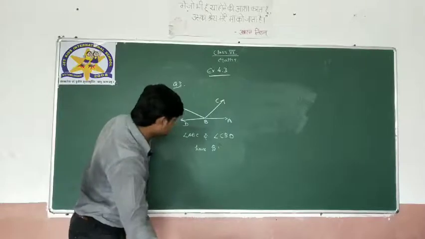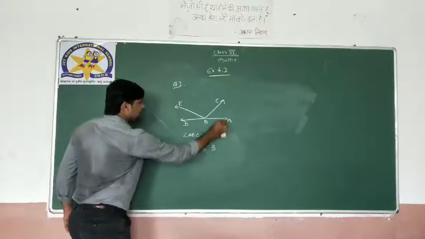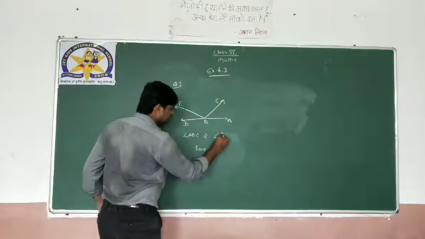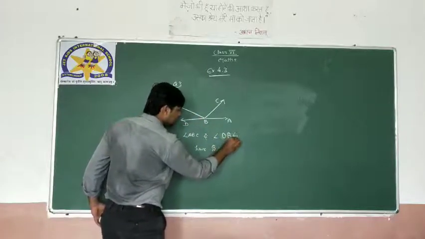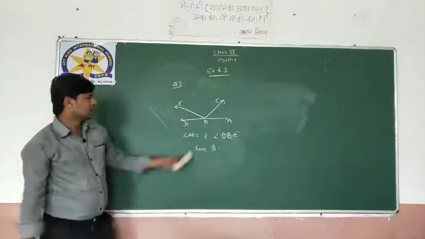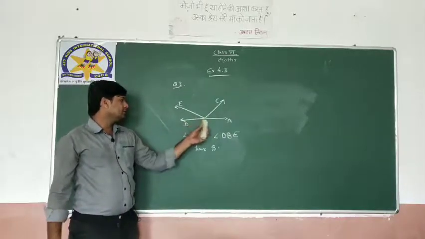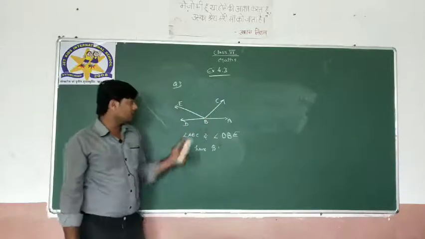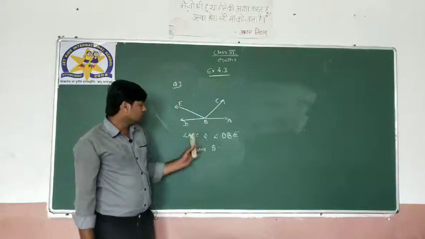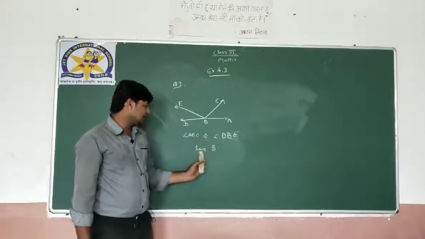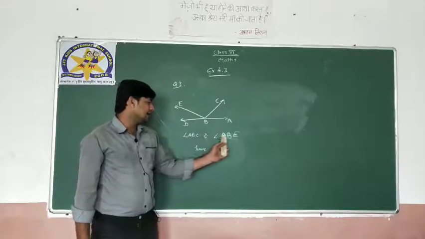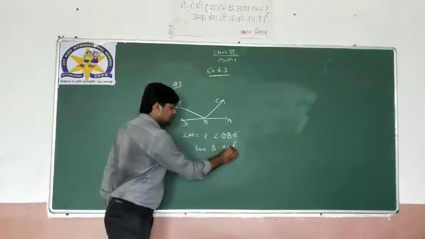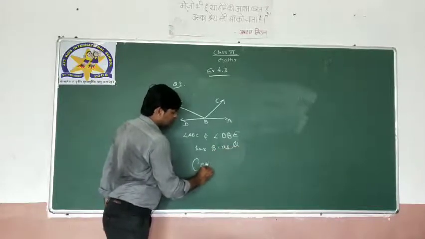So you can see over here A, B, C and D, B, E. Only one point should be common. That's why I erased the previous one. Okay, only one point should be common. So we can see that angle ABC and angle DBE have B as a common point.